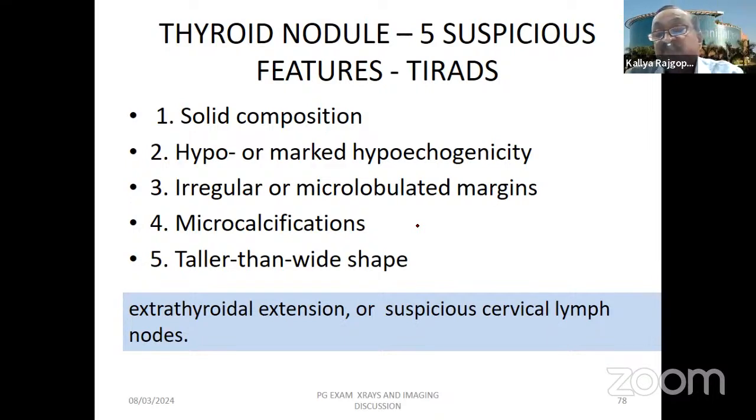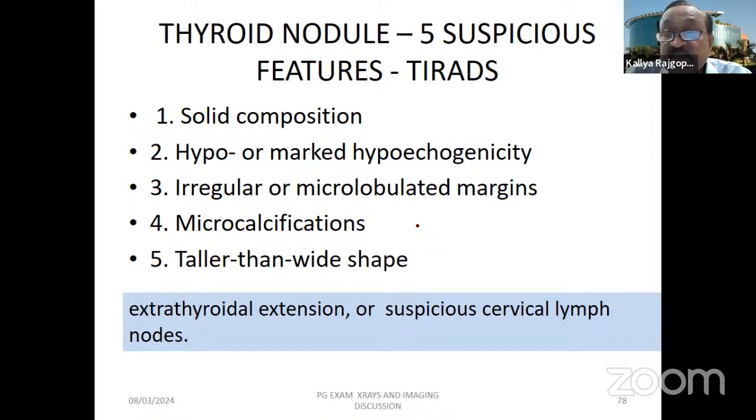And in addition, obviously in malignancies, if there is extrathyroidal extension or even cervical lymph nodes, more so the central and jugular chain, levels 2, 3, 4, you suspect that it could be a thyroid malignancy.